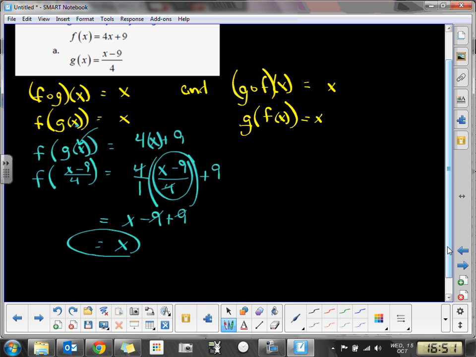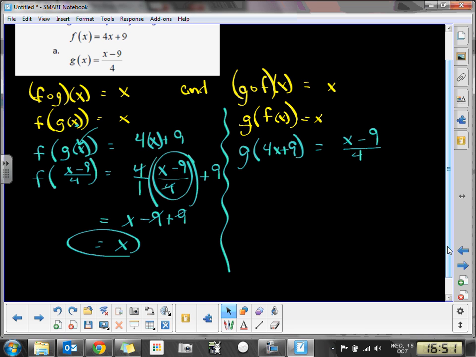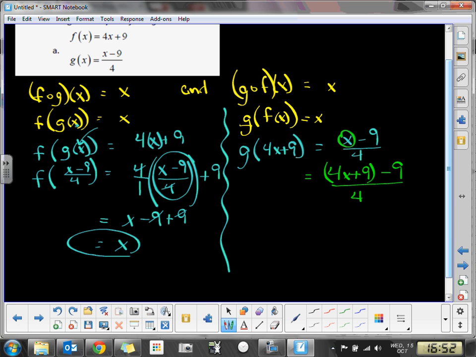So now we're going to prove that g also will undo f. So now we're going to put into function g, function f, which is 4x plus 9. That is going into function g, which is x minus 9 divided by 4. So I'm going to take out the x and replace it with 4x plus 9 minus 9, divided by 4. So I made this substitution for x.